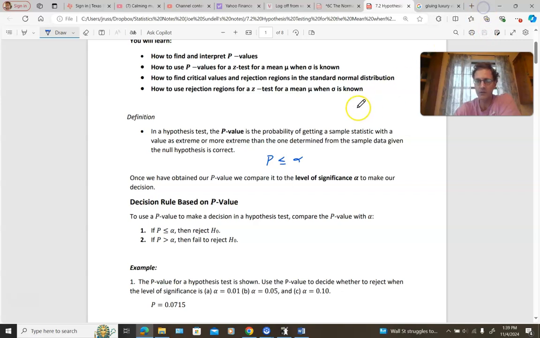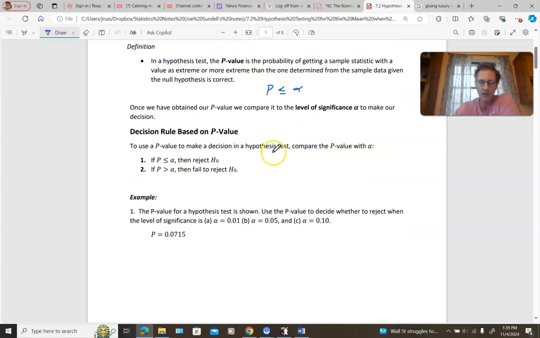So the p-value is going to be the area under the curve, depending on the type of test that we perform associated with our test statistic, okay? All right, and then like I said, if our p-value is less than or equal to alpha, then we reject the null hypothesis. In other words, we're rejecting that our initial assumption is false, okay?